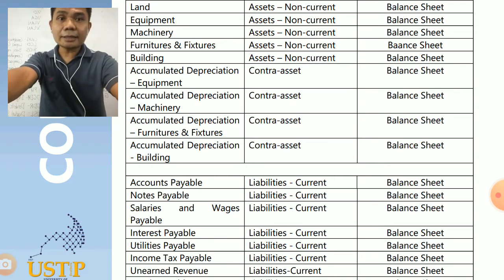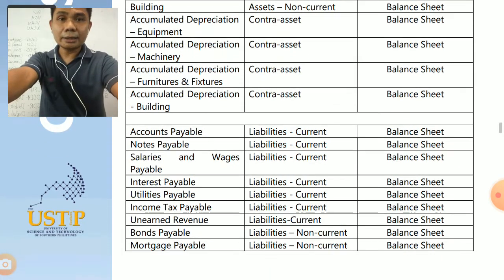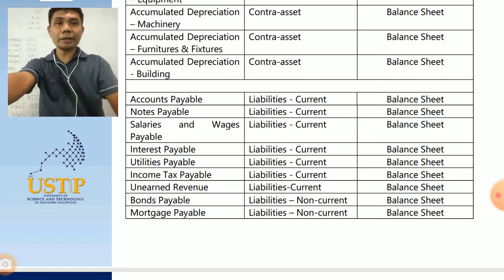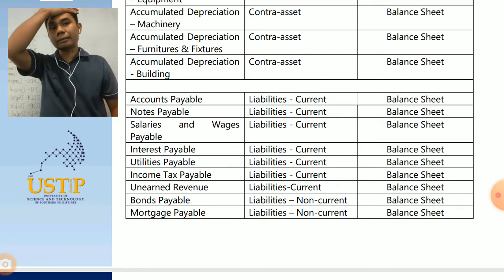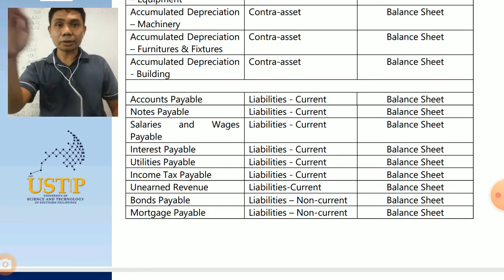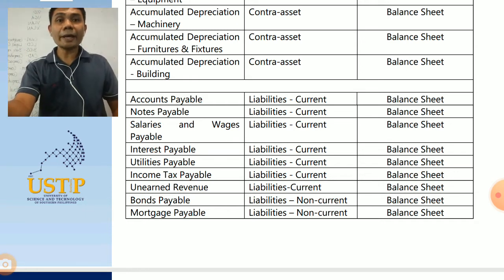So, the next set of accounts are the liability accounts, mao ang mga bayronon sa business. Still, liabilities are classified into current and non-current. Current, short term. Non-current, long term. So, accounts payable. Ang business nangutang.